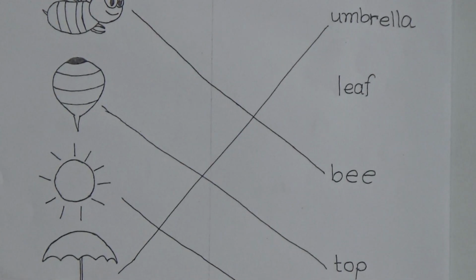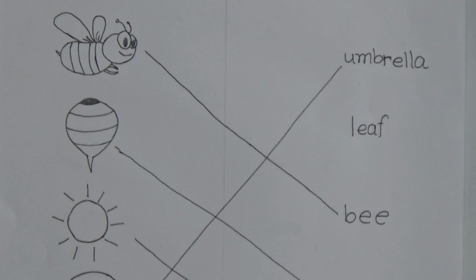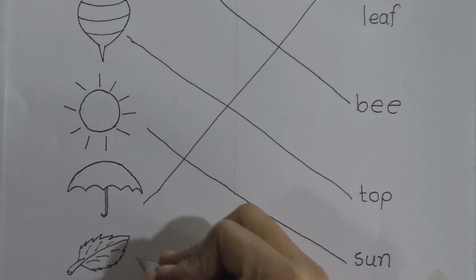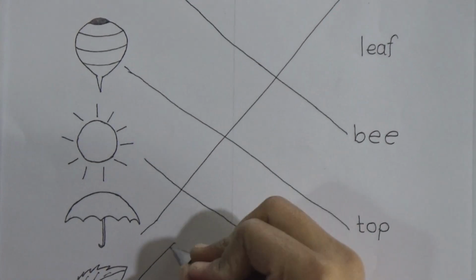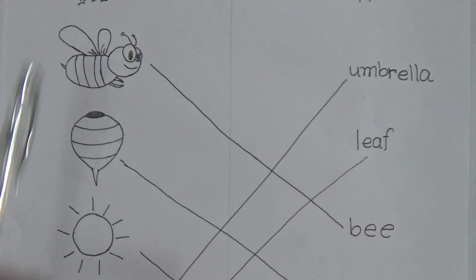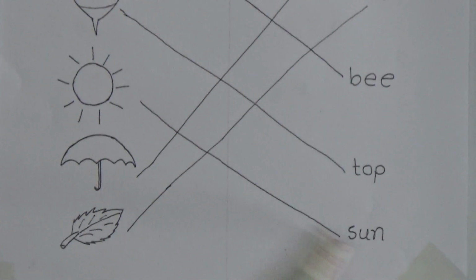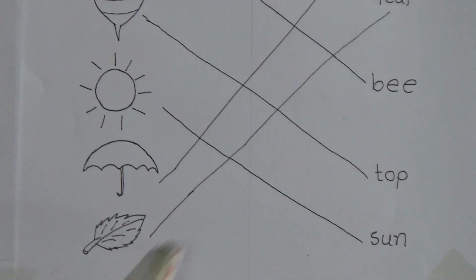Now the last one, this is leaf, L-E-A-F, leaf. Where is it? It is here. So we have to match the picture of leaf with the word leaf. So this is apple, hen, bee, top, sun, umbrella and leaf.